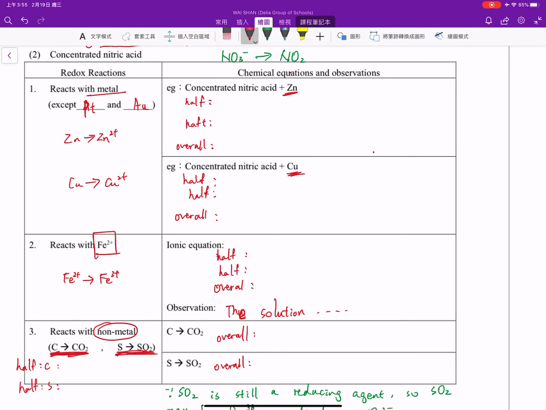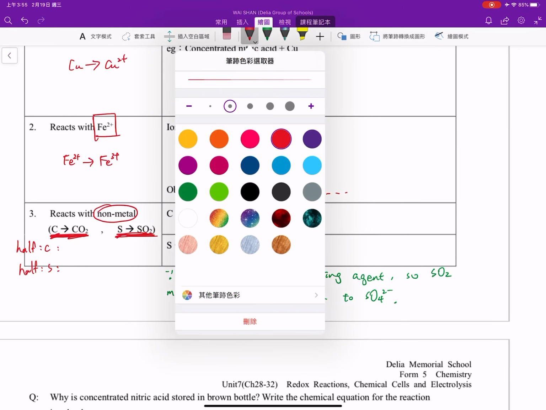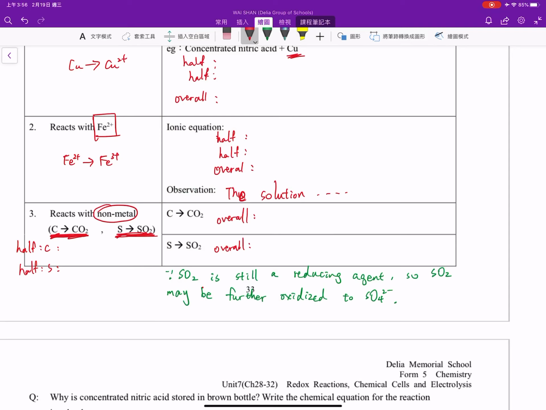Okay, and then, if you have good memory, I hope you still remember sulfur dioxide is a common reducing agent, and if sulfur dioxide is formed, then it may be further oxidized to sulfate ion by the excess concentrated nitric acid.